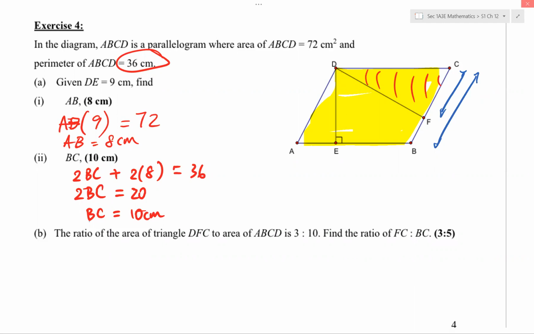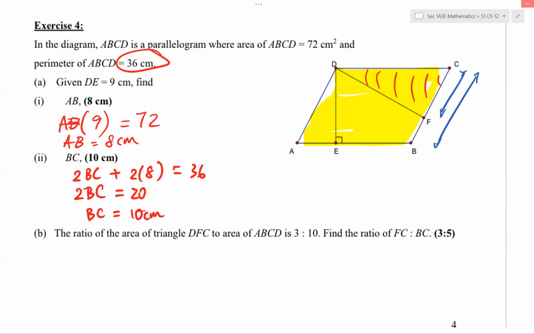So for this particular triangle that I've shaded in red, what would you choose for the base of triangle DFC? You have 3 options. You literally can choose any of them, but only one will be useful.